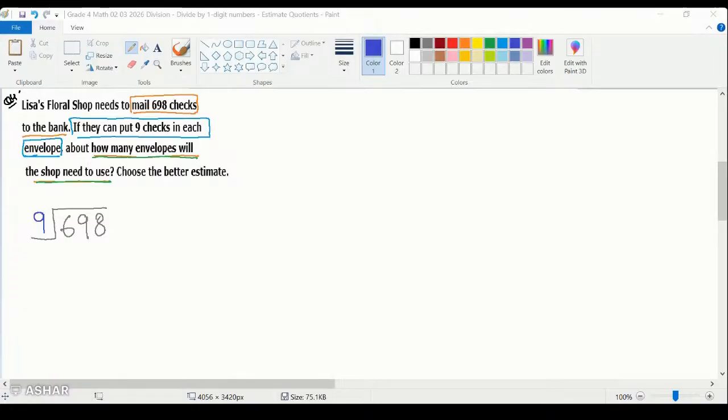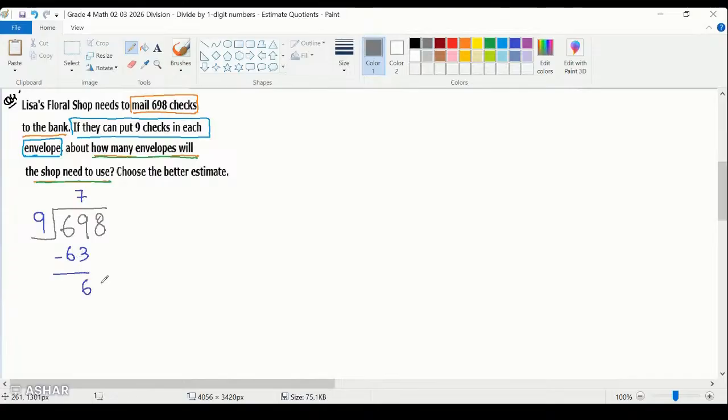Let's try with 7. 9 times 7 is 63. How much would we be left with? 69 minus 63 is 6.